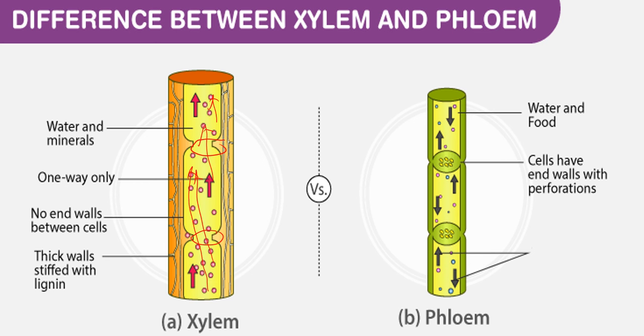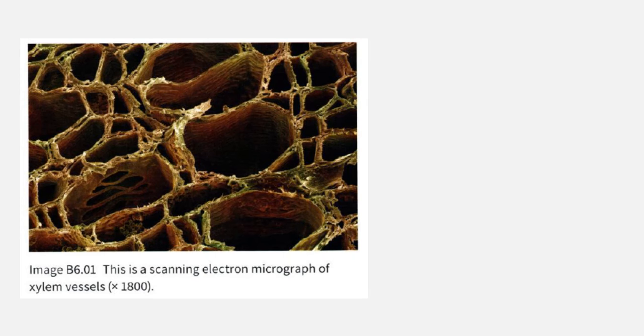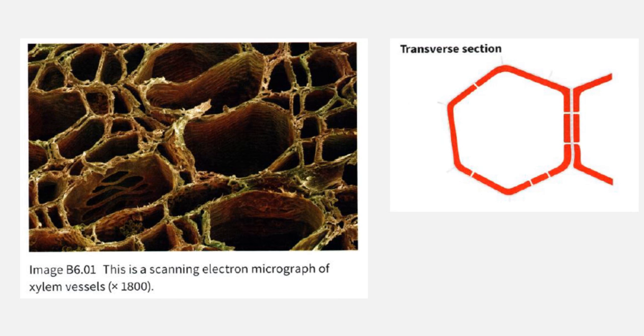Hence, since it is transported back and forth, it is a two-way flow. If we take a closer look at the xylem under the microscope, we can see that it is composed of dead cells. The transverse section suggests that the xylem is more hexagonal in shape.